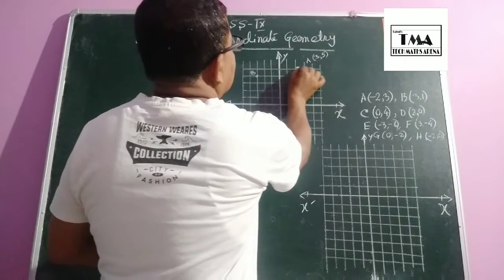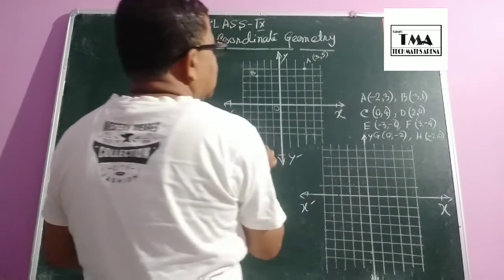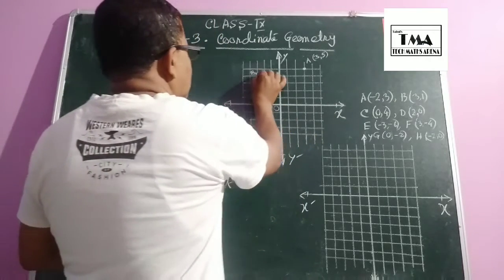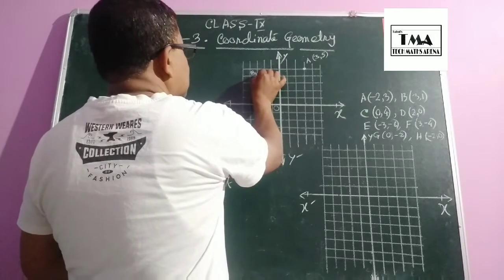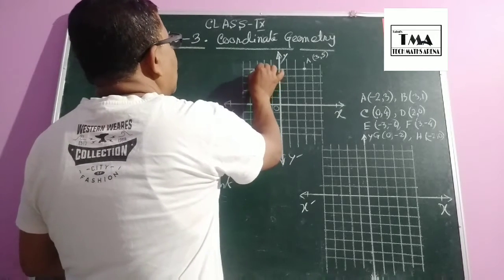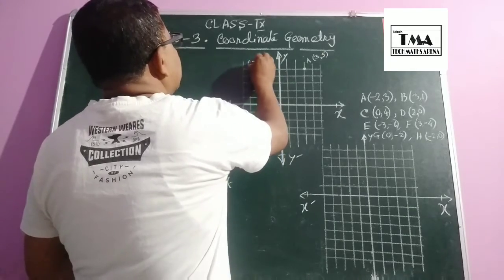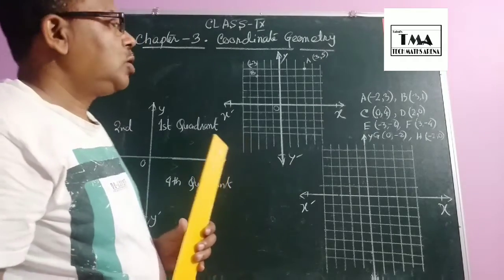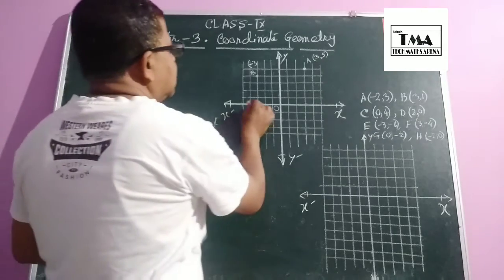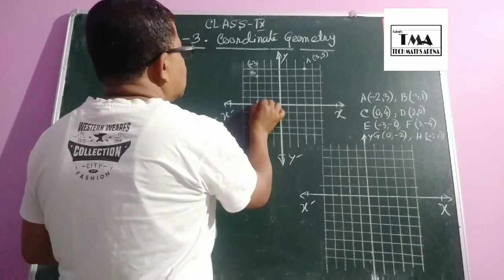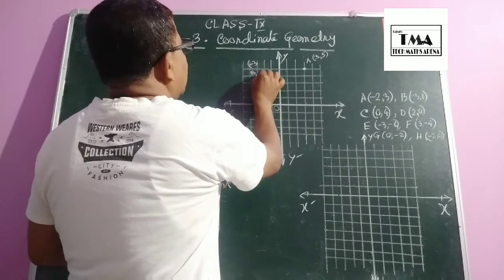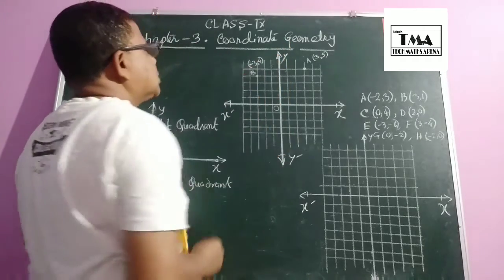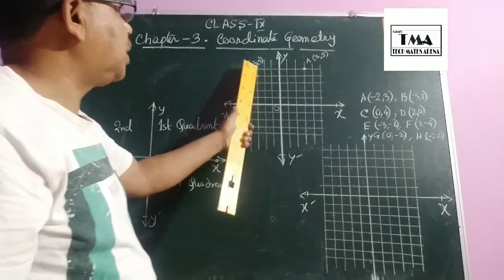Since we have taken the right side as positive, and this is the negative x-axis, the x coordinate, which is called the abscissa of the point B, is to be taken as -3. And then the y coordinate: the distance from the x-axis is 1, 2, 3, 4 along the positive y-axis, so this is 4. So the coordinates of the point B are (-3, 4).